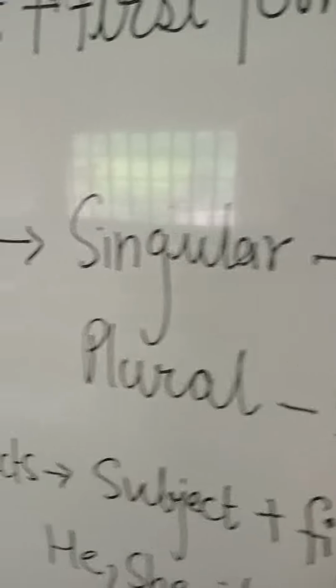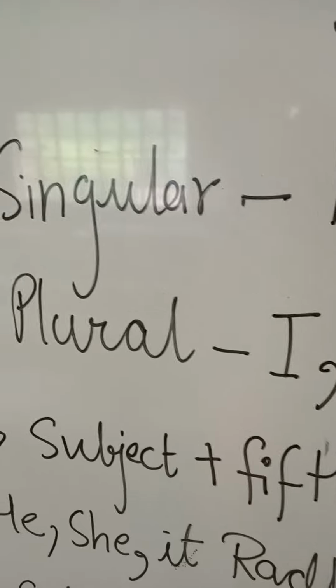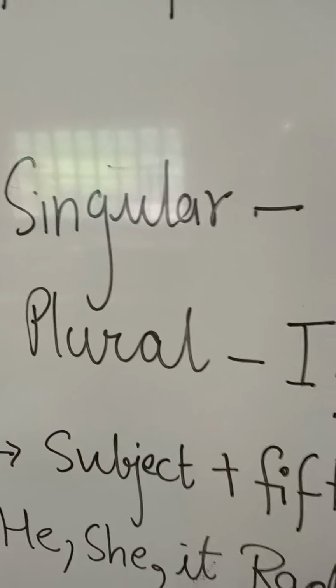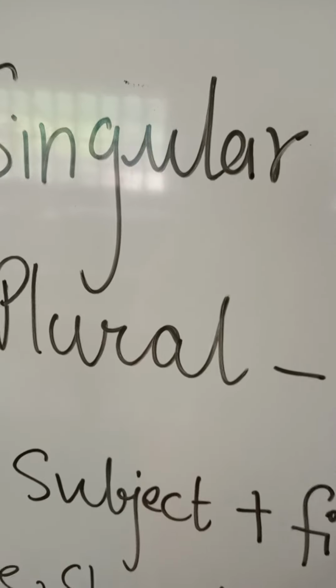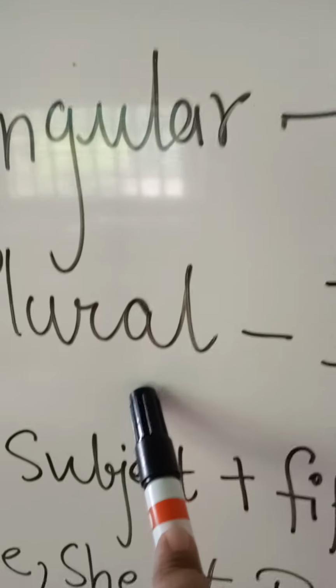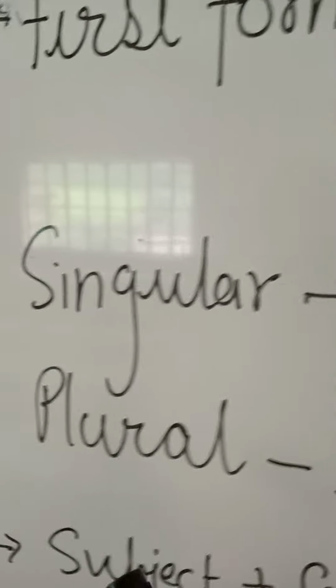Okay children, as you know, there are two types of subject, very well you know about it. In nouns and in pronouns, you have learnt about them. So singular subject and plural subject. What are the singular subjects?